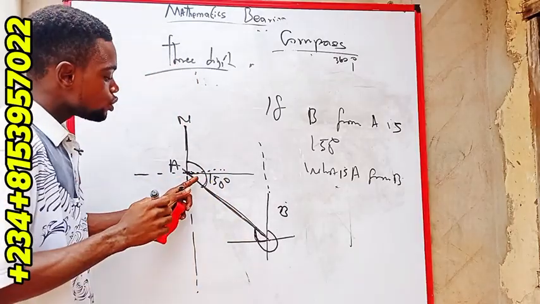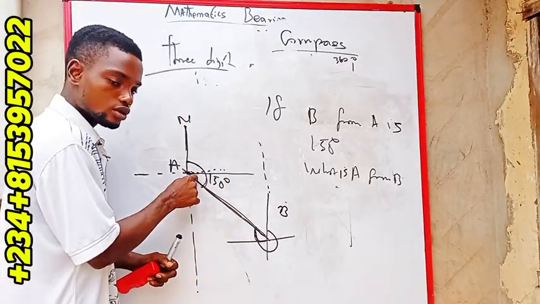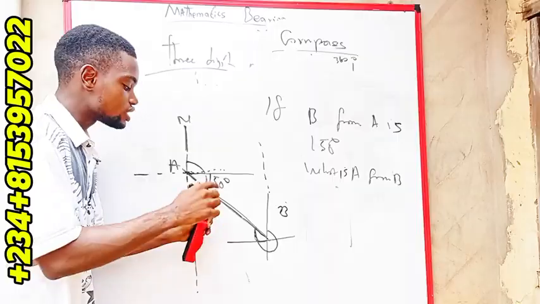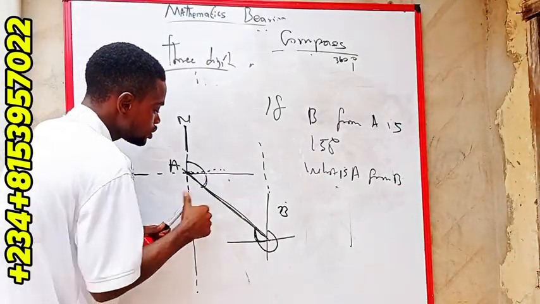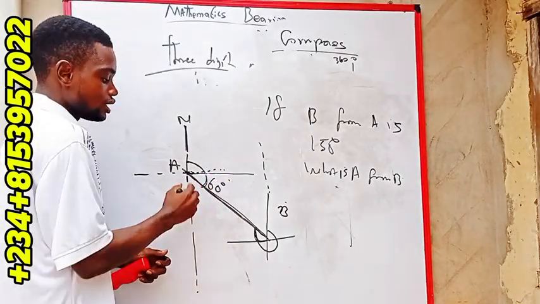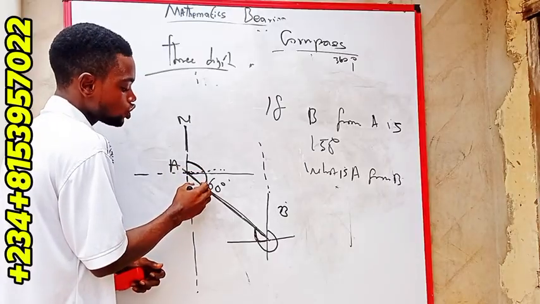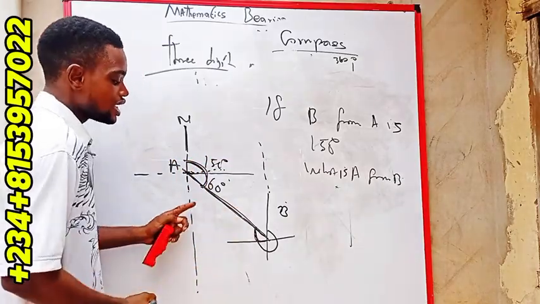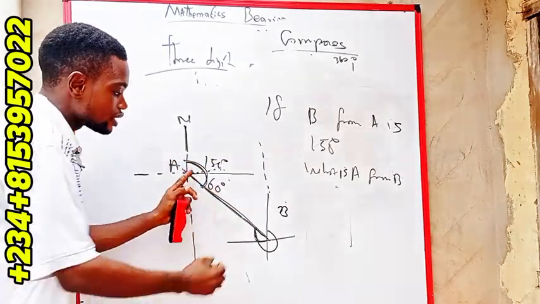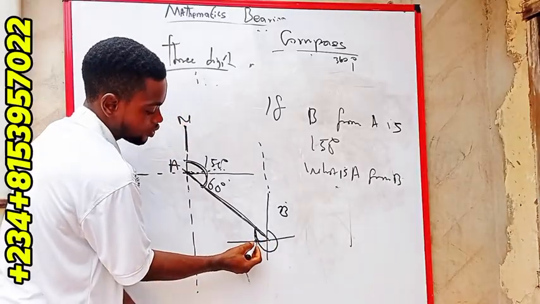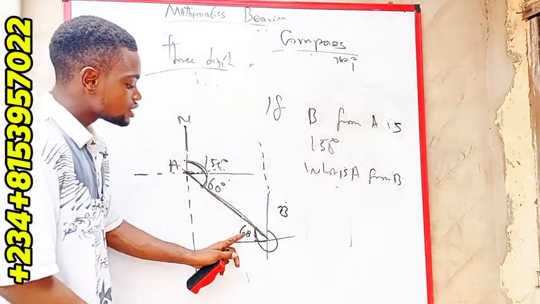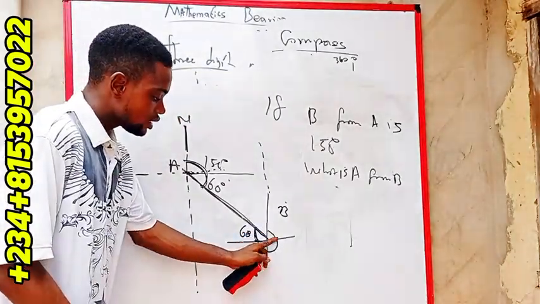Now we must find this little angle. From here to here is 90. 150 minus 90 is going to give us what? 60. So it means that this small part here is 60 degrees. Whereas the whole journey, if you trace it from here, is still going to give you 150. Now it is this 60 degrees that is alternating to this other angle here, which is 60 here.